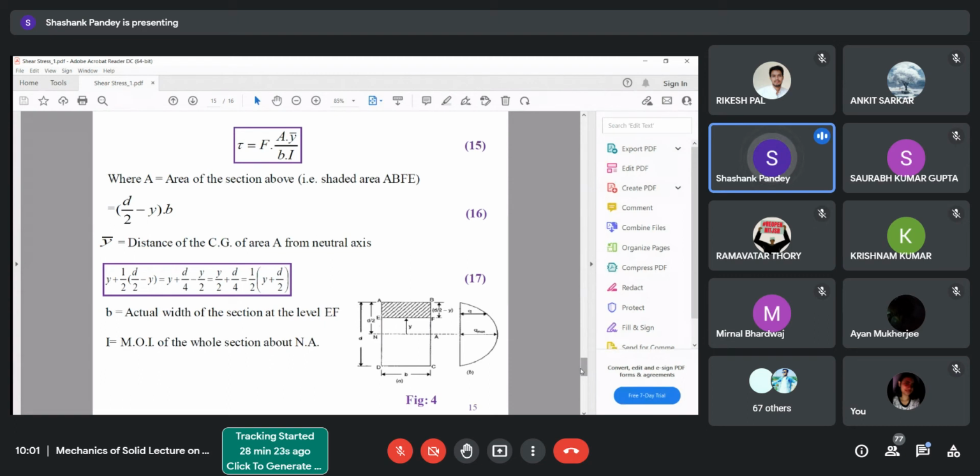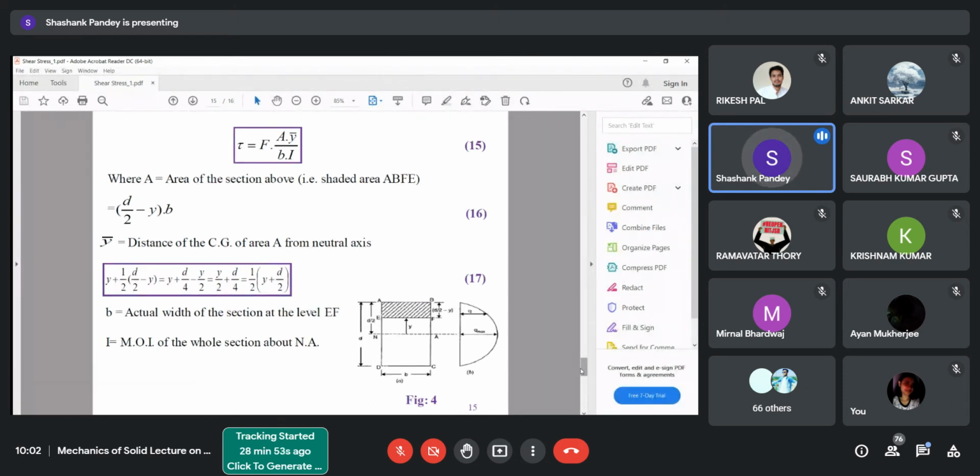So we need two things, that is the CG and the corresponding cross section area. Cross section area of ABEF will be nothing but (D by 2 minus y) multiplied by the width B, and y bar, the distance of CG from neutral axis, will come out to be half of (y plus D by 2).